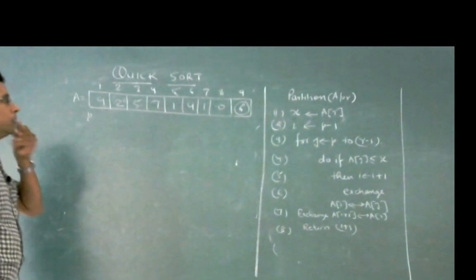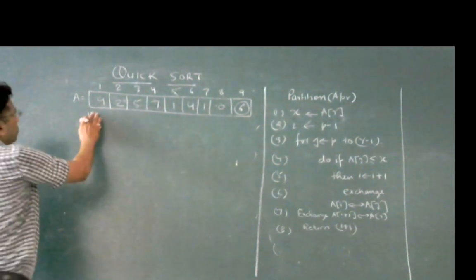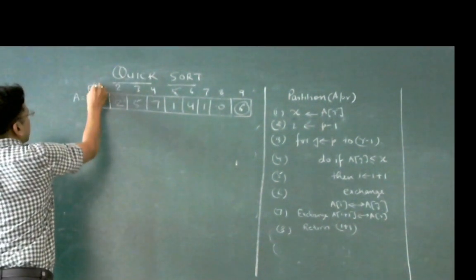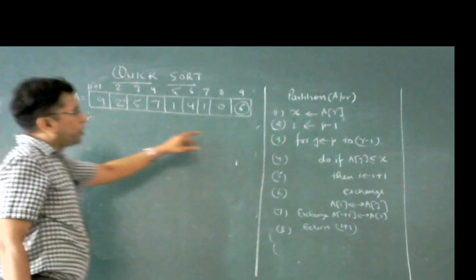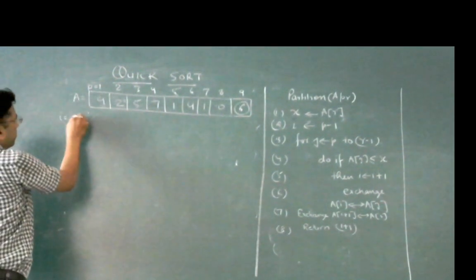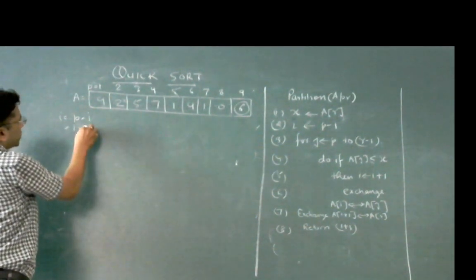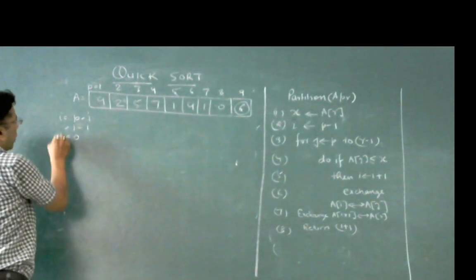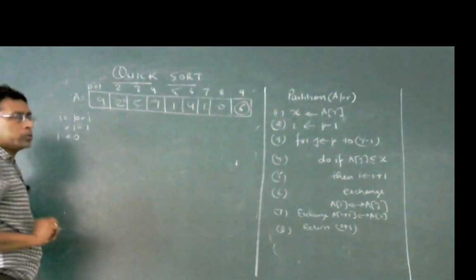Okay, so p is equal to 1. p will start with this one, and i = p - 1 = 1 - 1 = 0. So i would be 0.